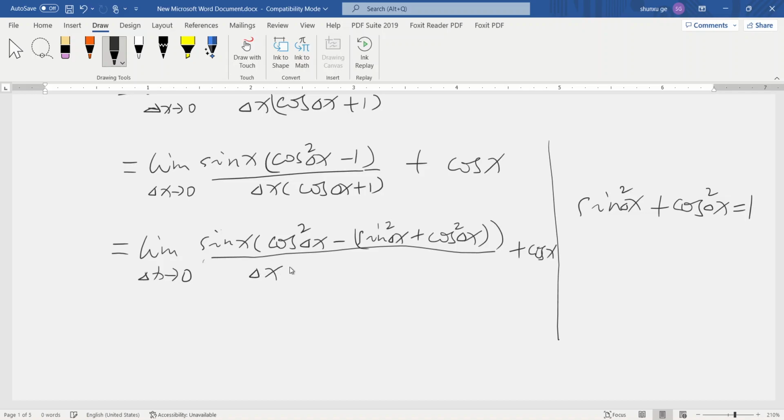Now we open this. Cosine delta x terms cancel when we open the parenthesis, so only sin delta x squared remains.